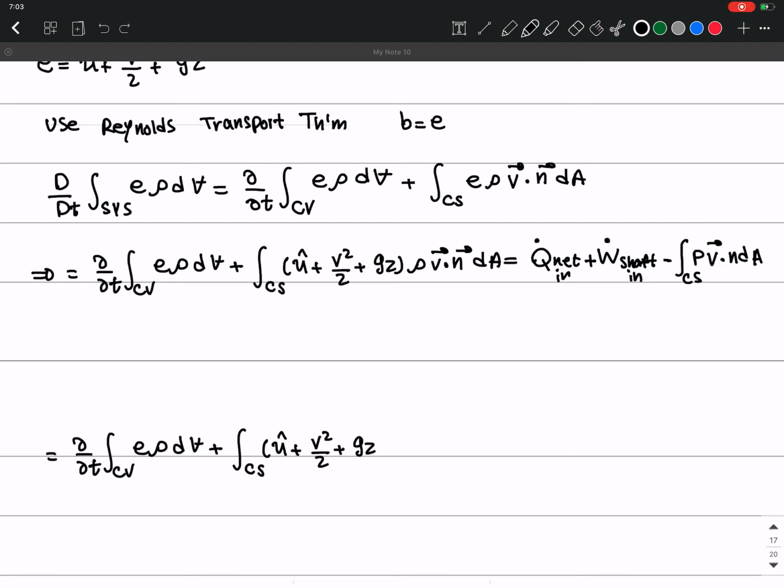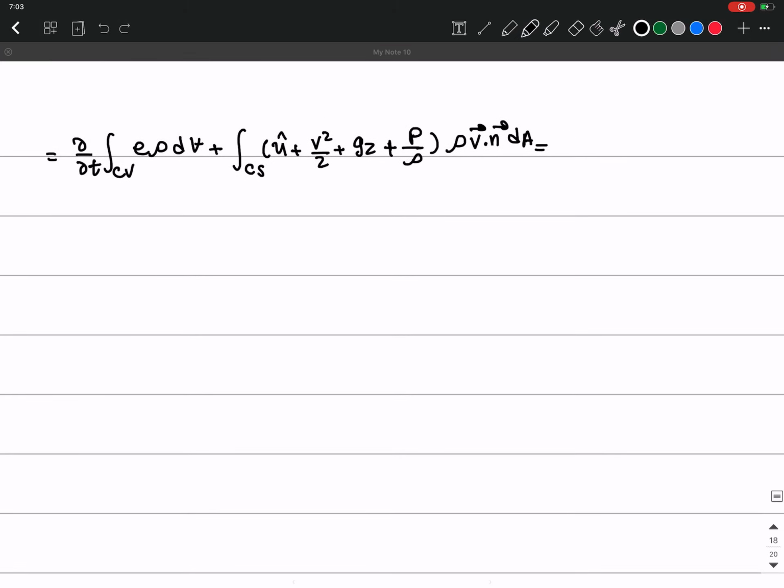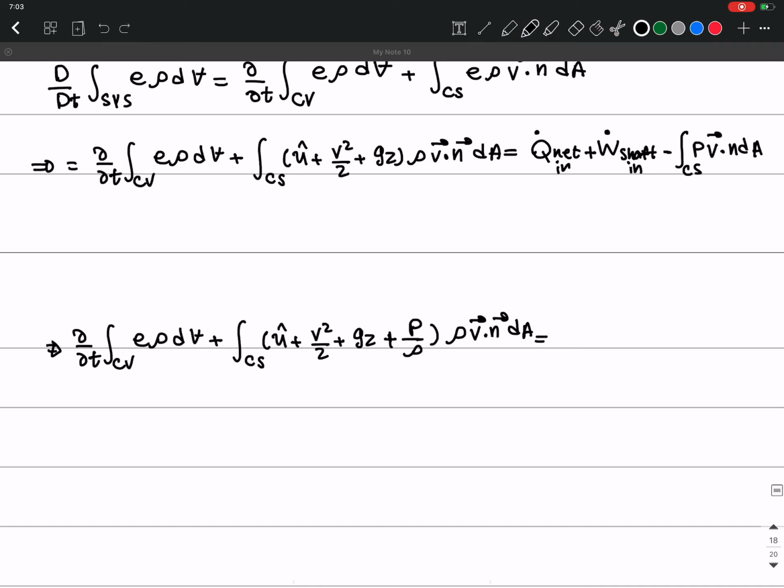So I have this plus P over rho times rho V dot N dA equals to Q dot net in plus W dot the work done by this or the system by shaft.